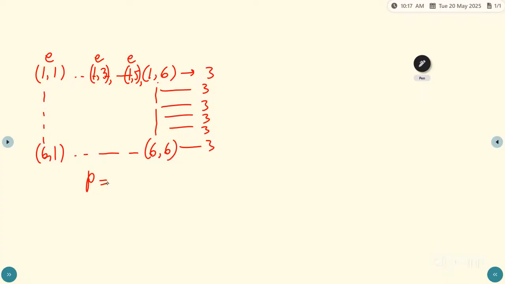The probability of getting an even sum when a pair of dice were rolled is equal to 18 by 36, that equals to 1 by 2.